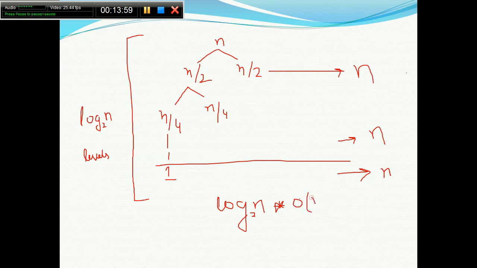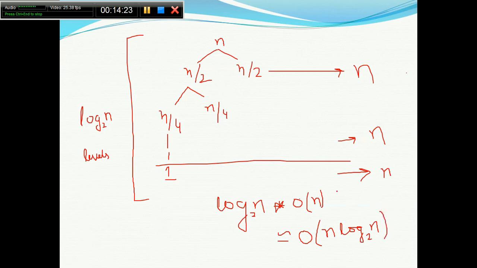The overall complexity in the worst case would be order of n log n base 2. That is the idea of how we find the time complexity of merge sort.